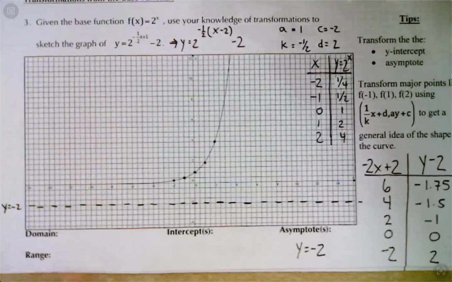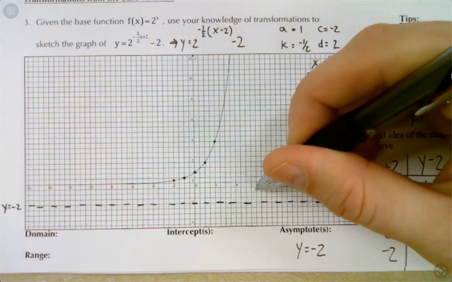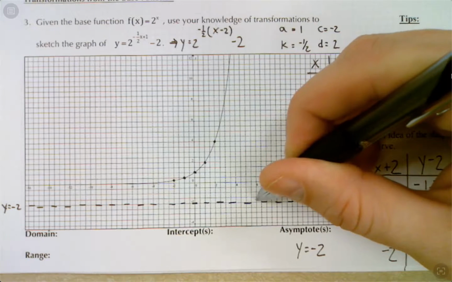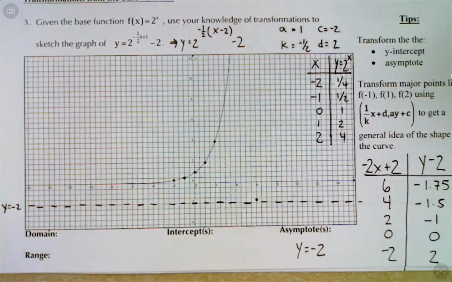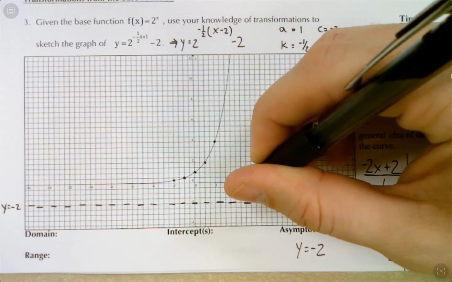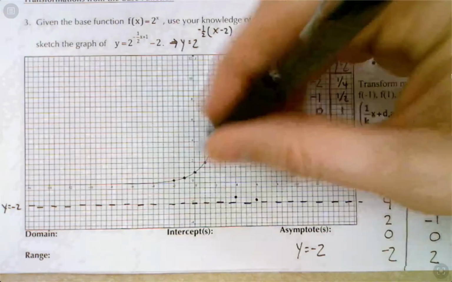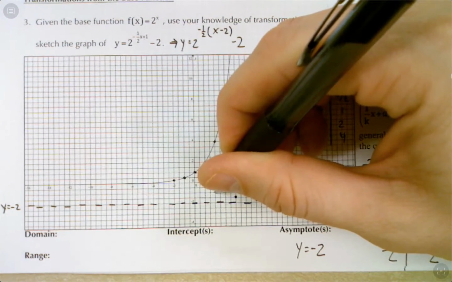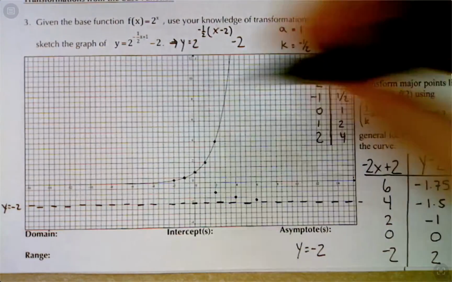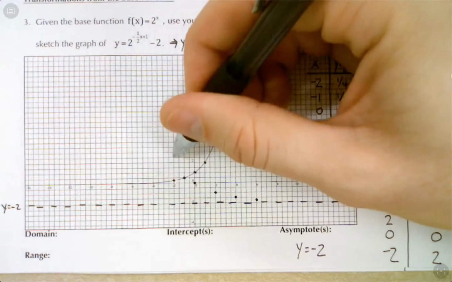Okay, and now we plot our points. 6, -1.75. There's our point. 4, -1.5 would be right here. And 2, -1 would be right here. And 0, 0, well, that's the origin. And -2, 2 would be here.